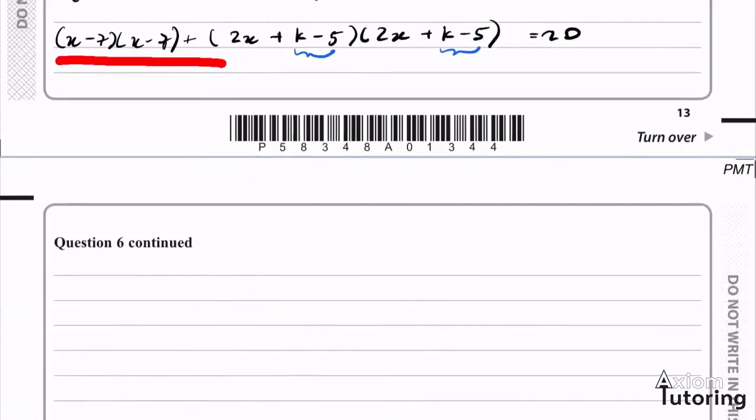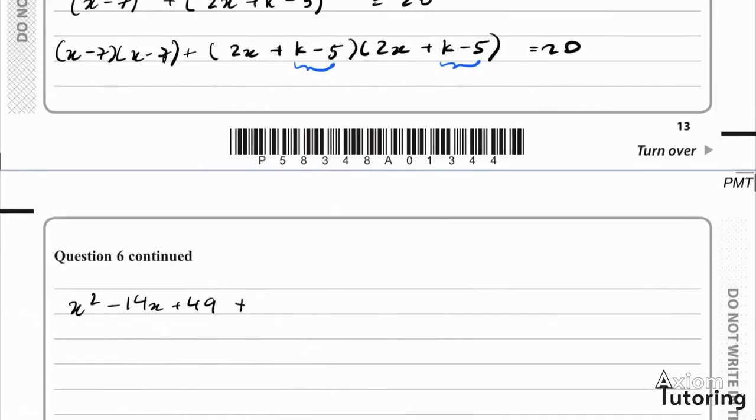Okay, so this becomes x squared minus 14x plus 49. You can have a go at that yourself. And then what do we have here? We have plus, just got to be a bit careful, 2x times 2x, that's 4x squared.